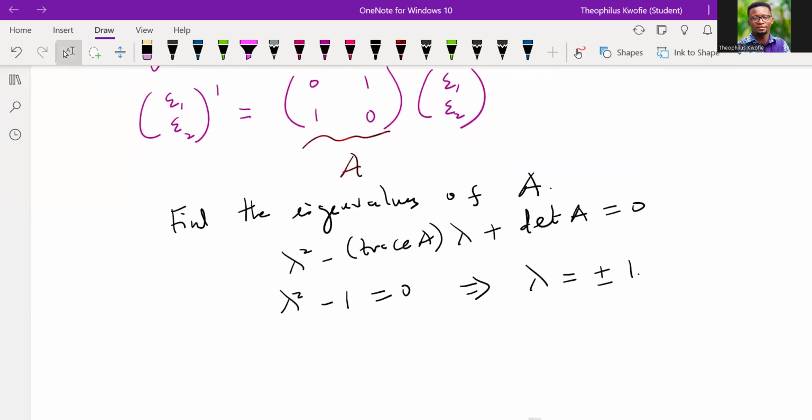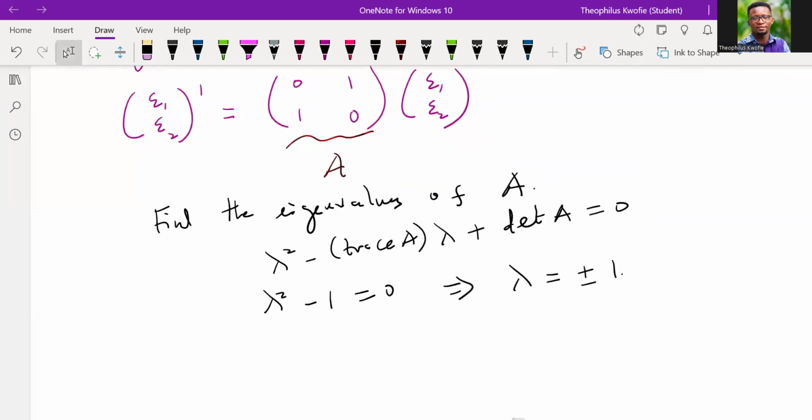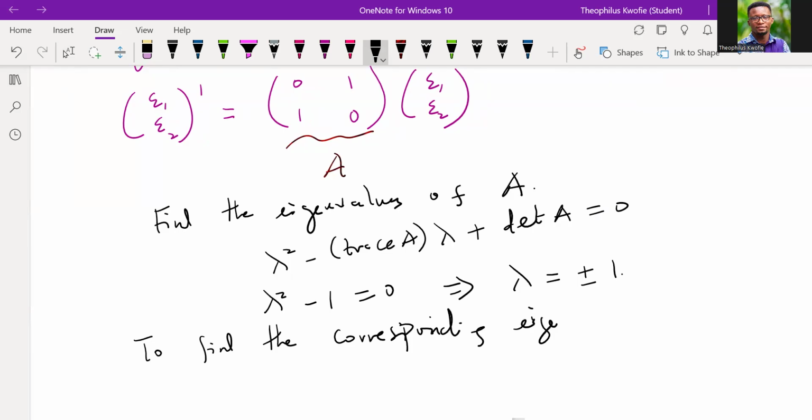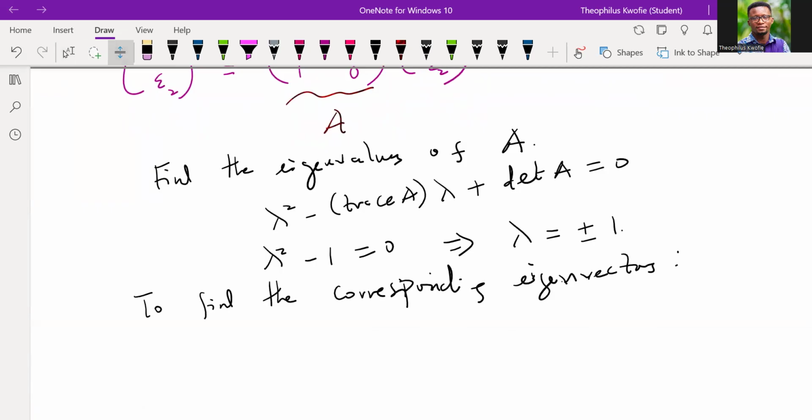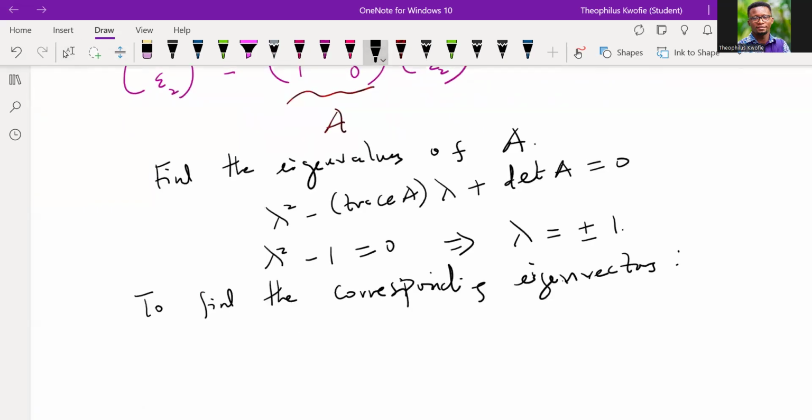Now we need to find the corresponding eigenvectors for these eigenvalues. Is that okay? To find the corresponding eigenvectors, we use this.